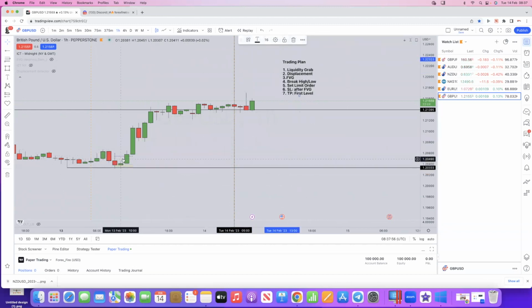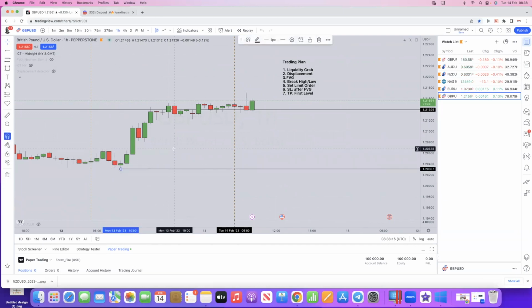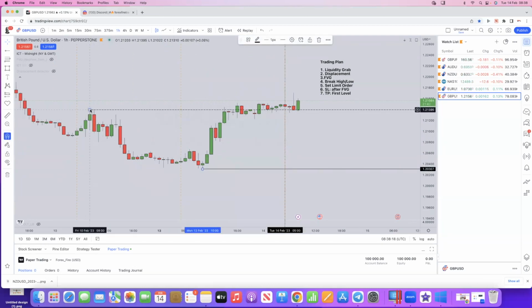Bring the trading plan up. Right, so we've got yesterday's low. Get the magnet back on. Yesterday's highest point, this candle on the high, you check here, 21523.